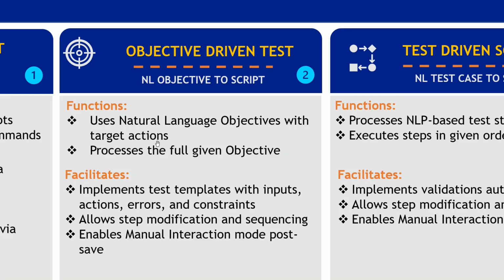An example objective: launch so and so application, provide username and password, and log into the system. Then access the about page, and perform this so and so validation. So that means you are instructing the AI system, giving a certain objective.